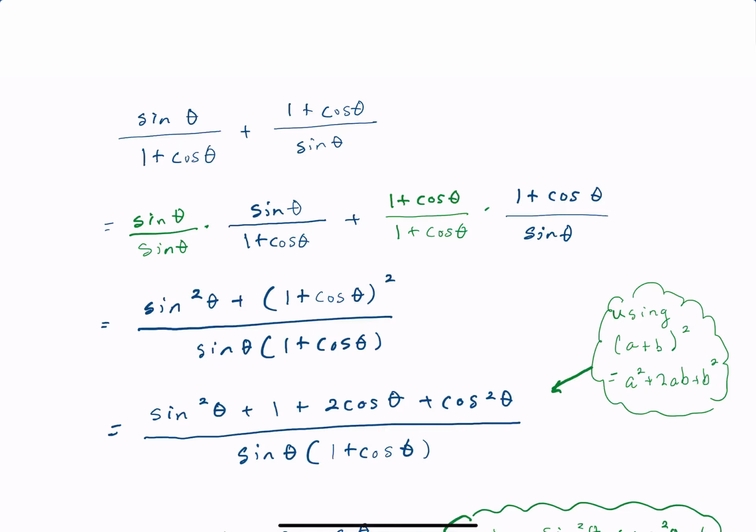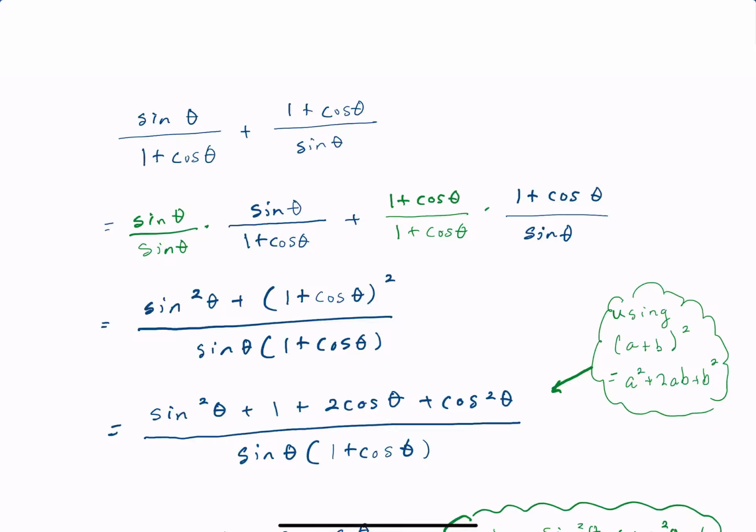Multiplying the denominators and adding the fractions, I get sine squared of theta plus the quantity 1 plus cosine of theta, the quantity is squared, that's over sine of theta times the quantity 1 plus cosine of theta.